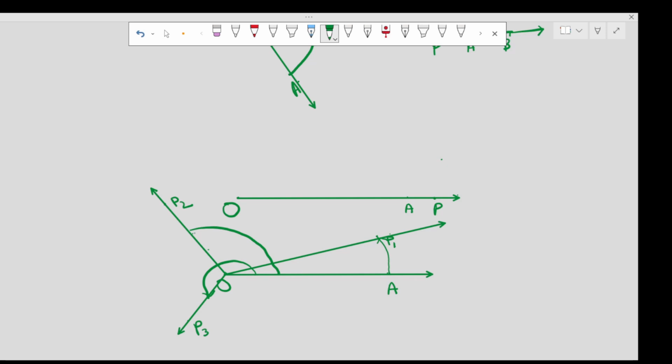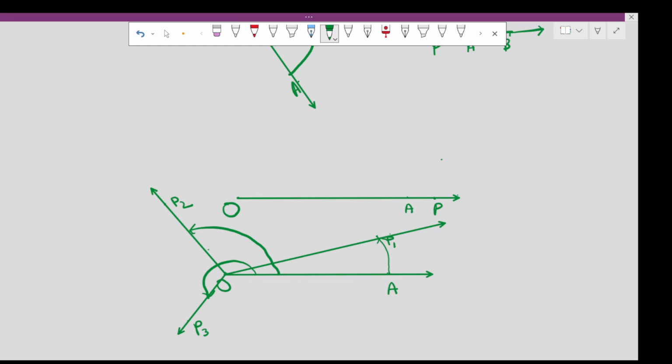Whenever the line OP revolves in the anticlockwise direction, an angle is made; revolving again, the angle increases gradually, showing another angle.